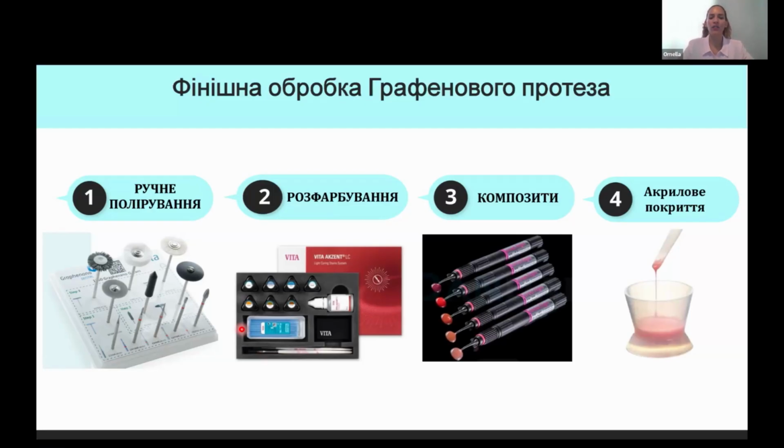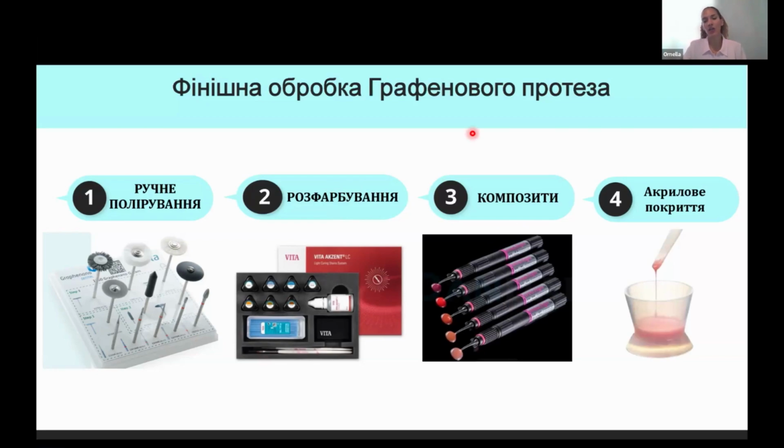Then we have two other options, staining or composite. These two options are a light cure process, so it's important to review which materials you are using, and also to check the lamp that you are using for light curing. This is important to have a complete final solution for our graphene structure.